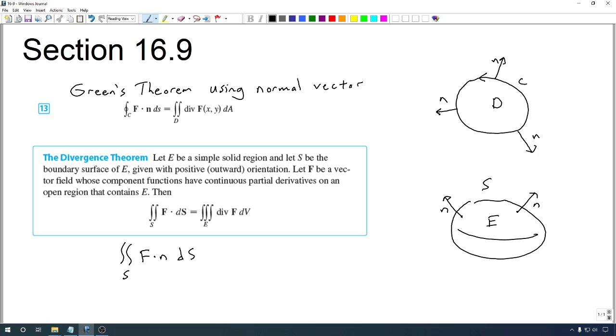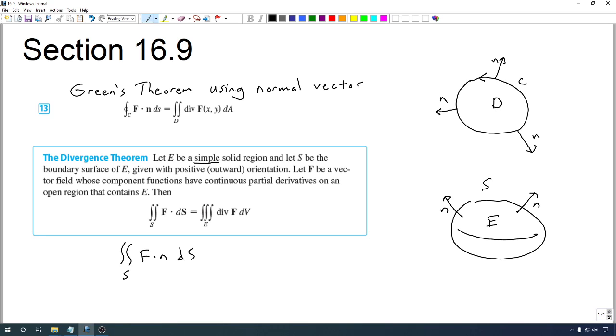Now they've actually stated here that this is for a simple solid. Actually, this is definitely true for a much more general thing, but a simple solid is one that can be made type 1, 2, or 3. We're going to prove it for those simple solids, but just be aware that this is actually true in much more generality.